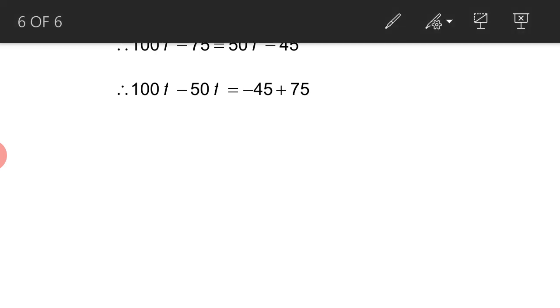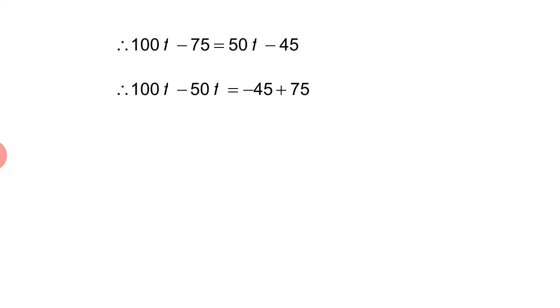What is the answer? 100f minus 50f will be 50f is equal to minus 45 plus 75, it will be plus 30, that is 50f is equal to 30. So f is equal to 30 by 50. Can we reduce it? It is f is equal to 3 by 5, cancellation of 0 or dividing both by 10.